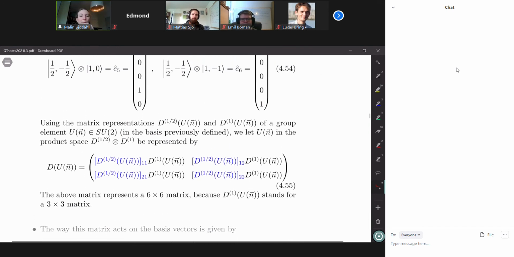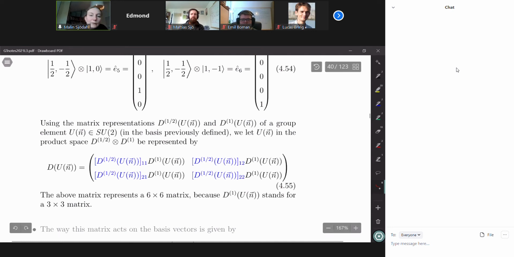Okay, so on this space we then want to act with the representation of some element un of the group SU2. So we use then the direct product of the first representation, the 1/2, we take the element 1,1, the element 1,2, the element 2,1, and the element 2,2.